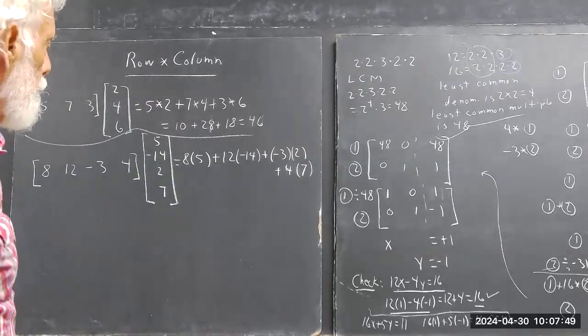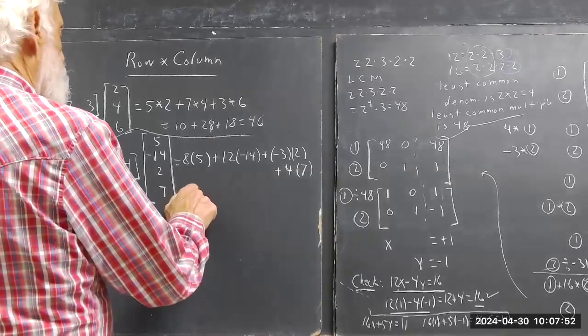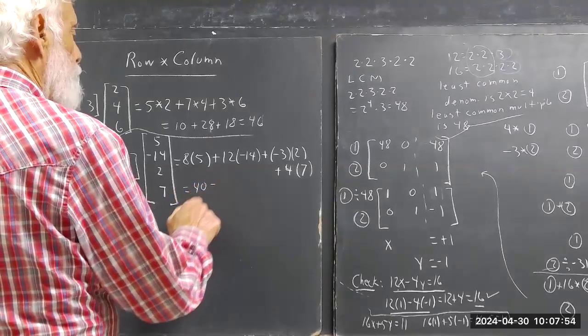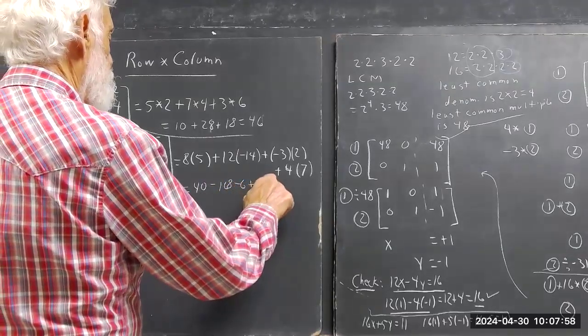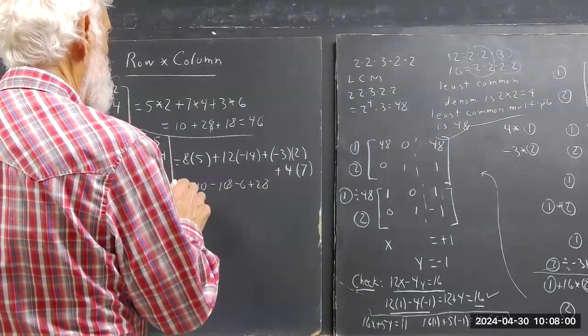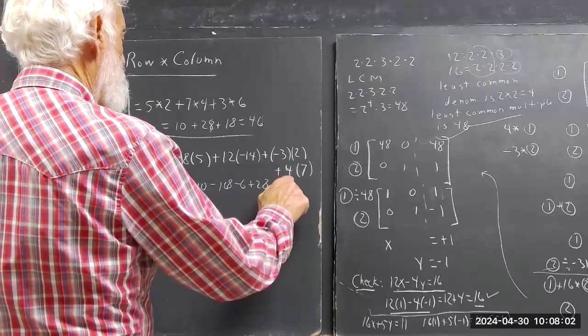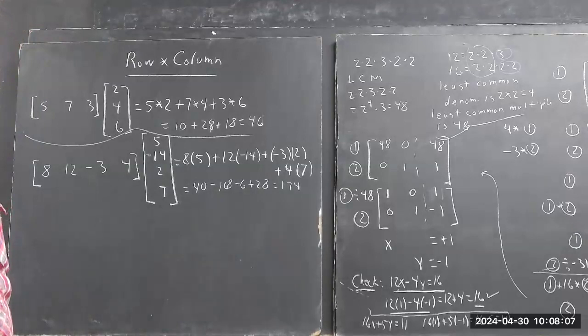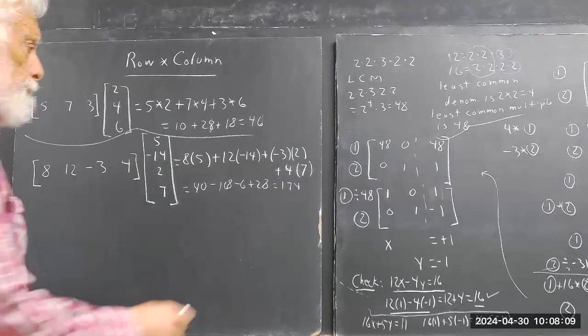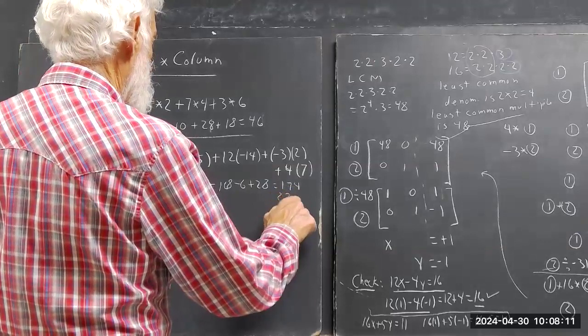Okay. Now, if you went ahead and did the arithmetic, that's 40 minus 168 minus 6 plus 28, 140, 180. I think 174. Everybody do the calculator get 174? No. Anyhow, I'll put a big question mark on that.